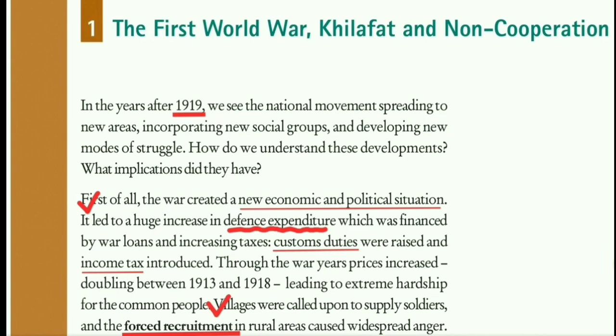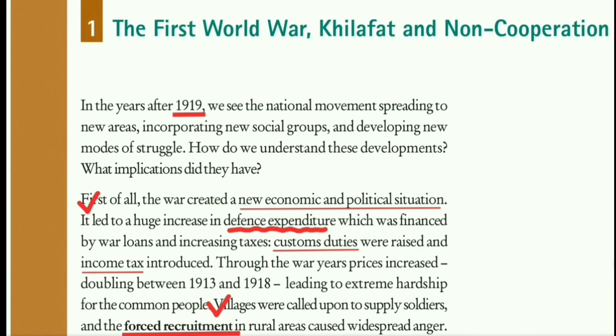It led to a huge increase in defense expenditure. Now, this expenditure was incurred by the Britishers, but they were covering their cost from India also. They were putting in money from their own country, but they were also utilizing our resources, our men, our raw materials and everything to win the war.